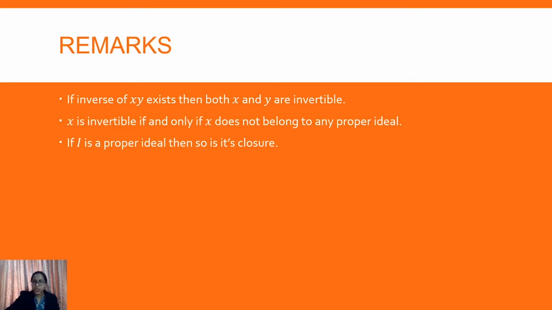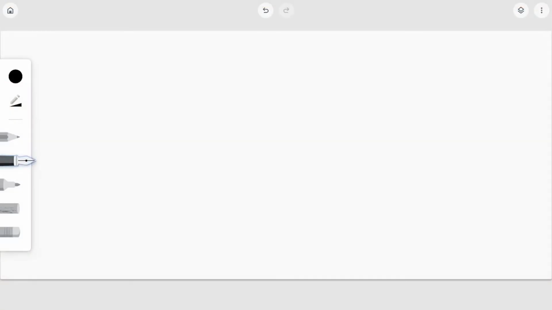The third remark is that if I is a proper ideal, then so is its closure. Let's look into these remarks one by one.